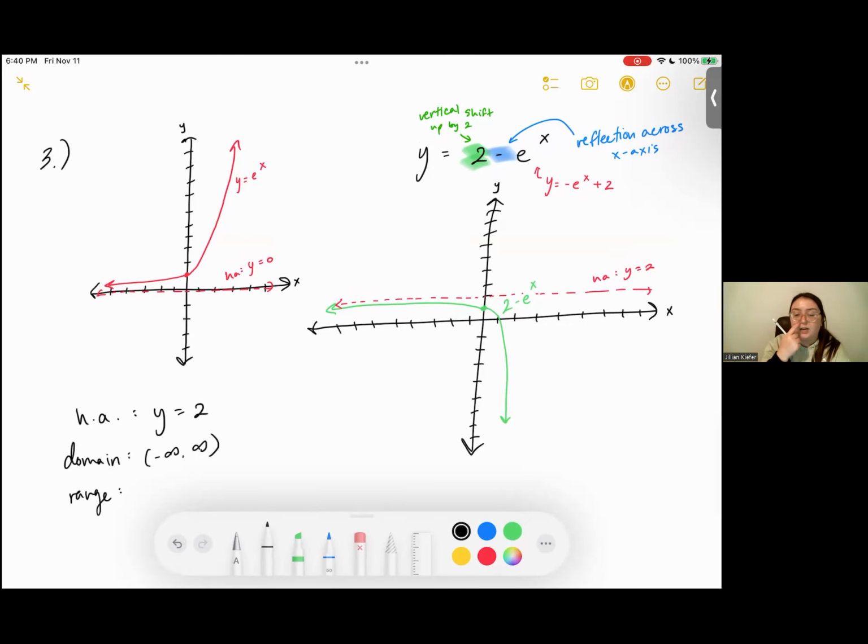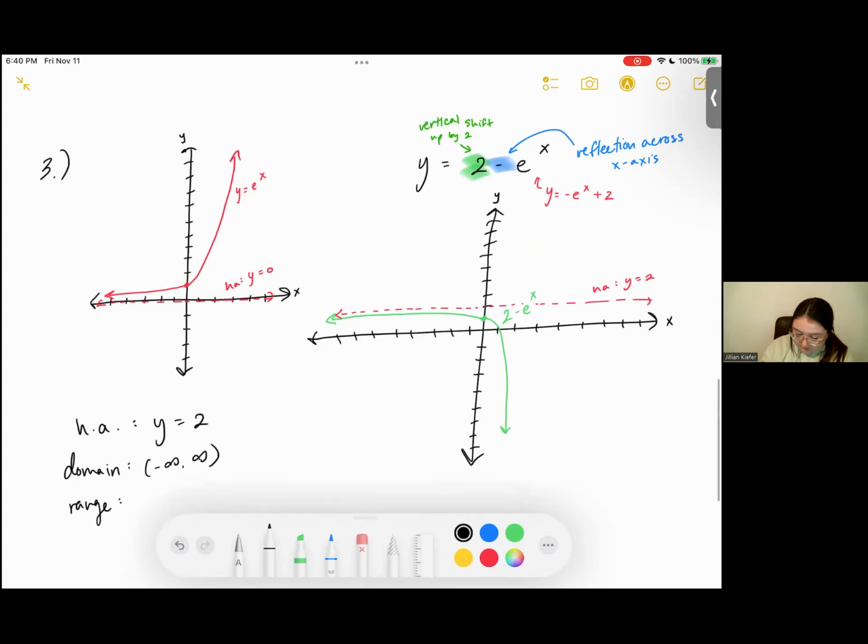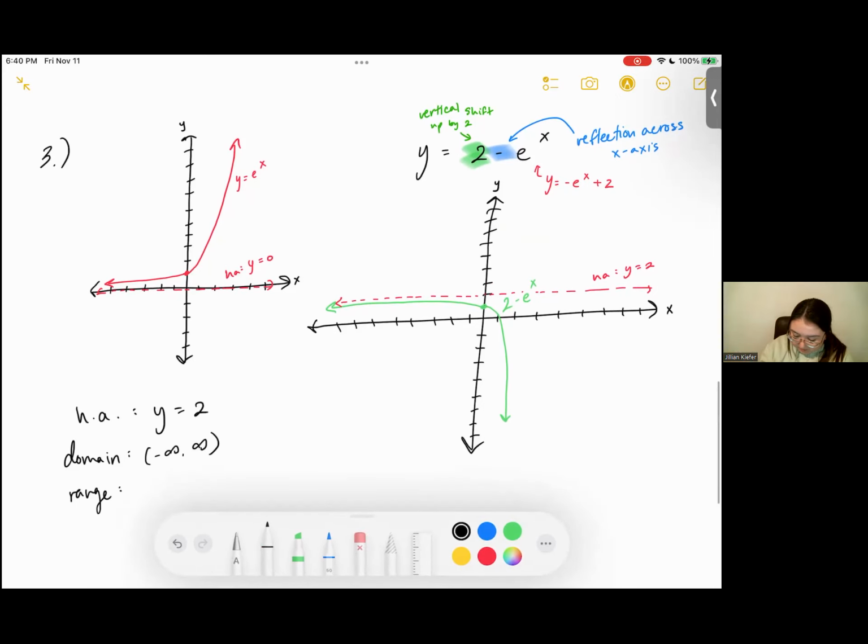And our range here is going to be the lowest value to the highest value, which in this case, our graph is pointing downward, which tells us that our lowest value is inevitably going to have to be negative infinity because it's going downwards there. So it's going to decrease forever, which means that we're going to start from negative infinity. And we see that the highest value when we come up from our graph is it's going to stop at that horizontal asymptote.